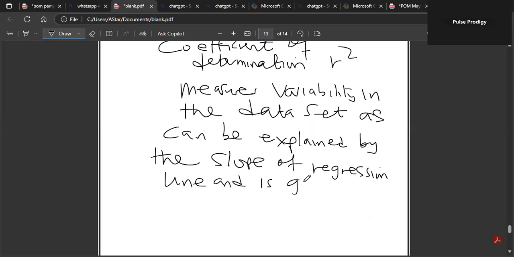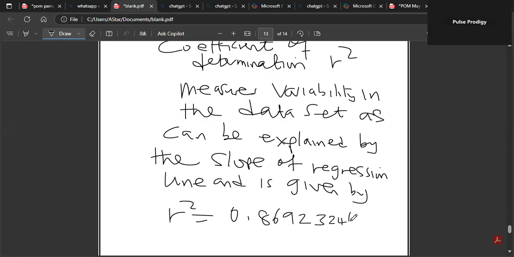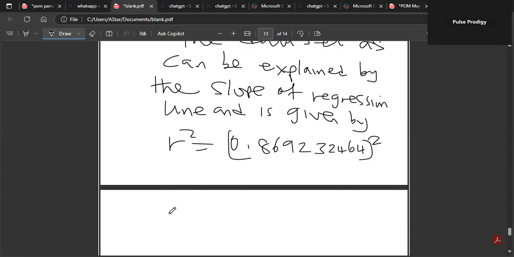It is given by R square. So meaning 0.869232464 squared. So our R square is actually going to give us what? 0.65.